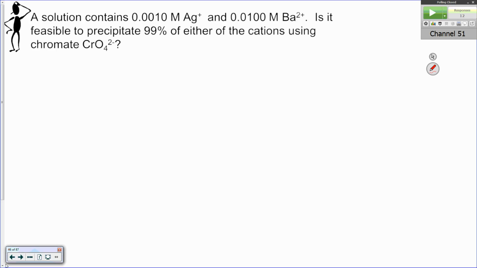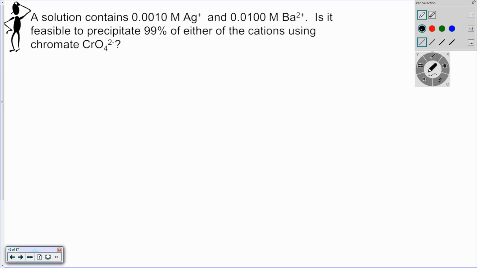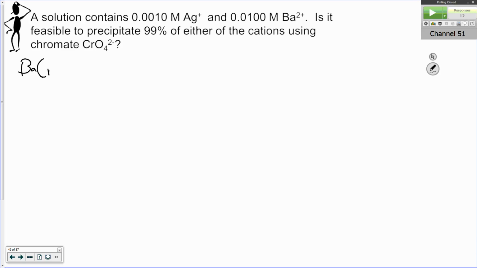All right, so I'm going to run to my handy dandy table in the back of the book, and go to chromates, and barium chromate. The KSP value is 2.1 times 10 to the minus 10th.